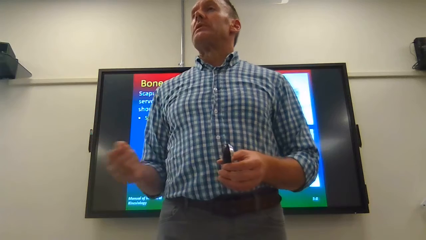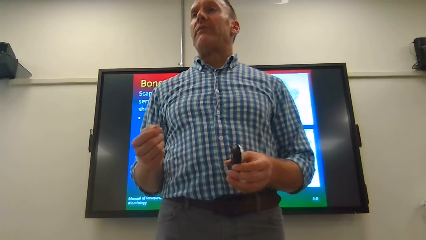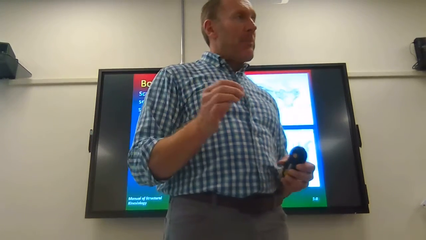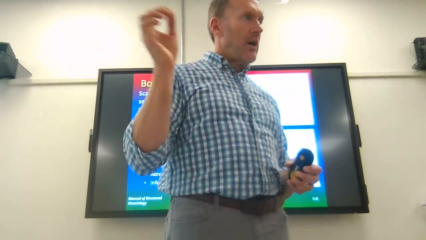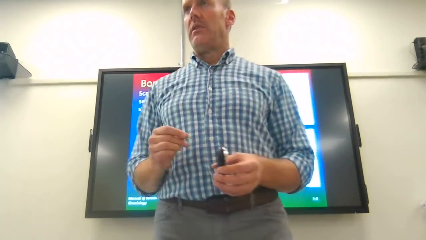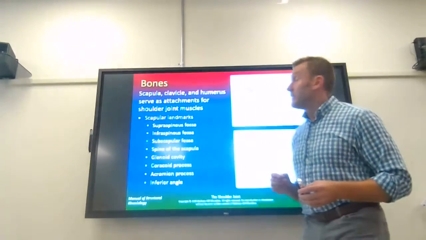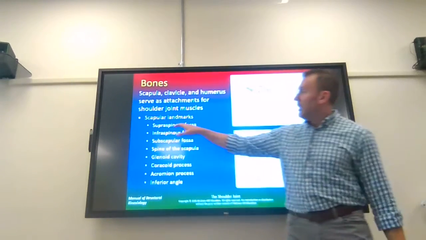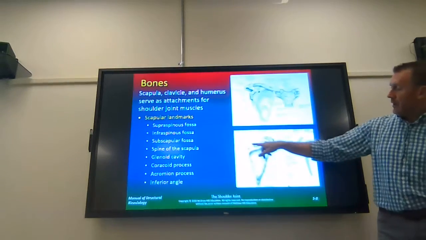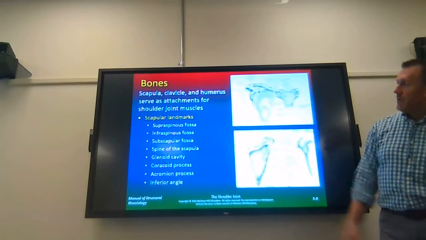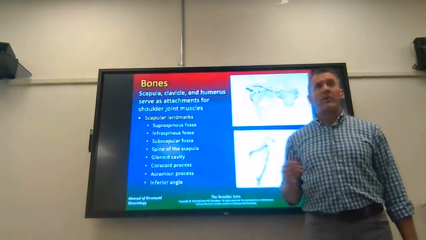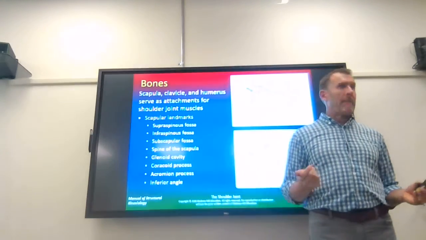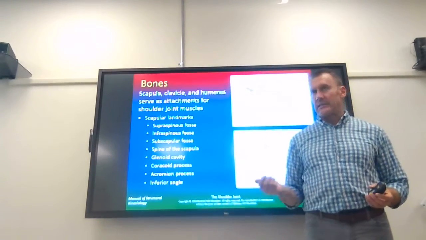So the muscles that act on the shoulder joint have their origin on the scapula, clavicle, and proximal humerus. That provides the site of origin. So the site of origin for the supraspinatus is on the scapula. So supraspinous fossa right here. So infraspinous fossa, what muscle? Yeah, infraspinatus. So that's the site of origin.